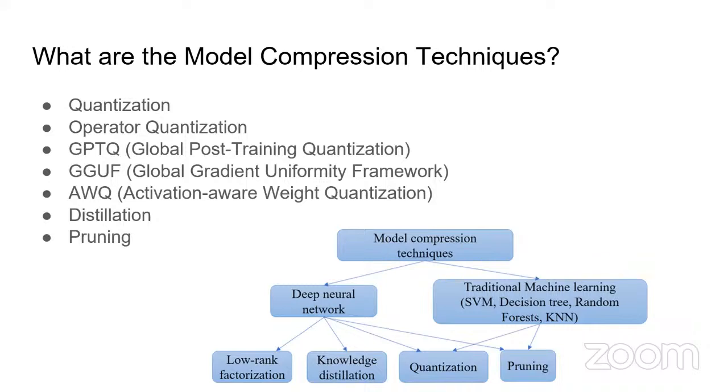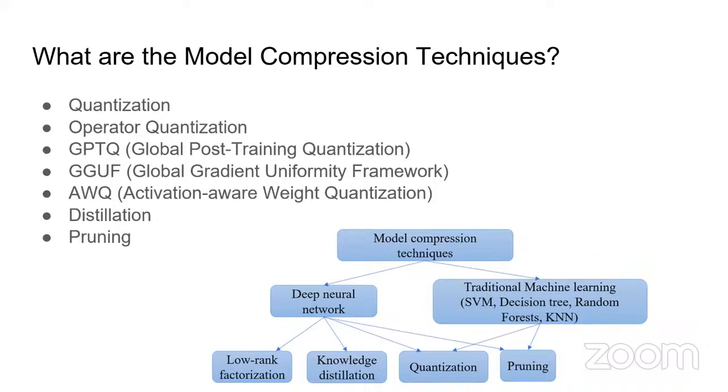Then there is GPTQ, which is Global Post-Training Quantization. This technique applies quantization after the model is trained, which simplifies the deployment without needing retraining. Then there is GGUF, that is Global Gradient Uniformity Framework.